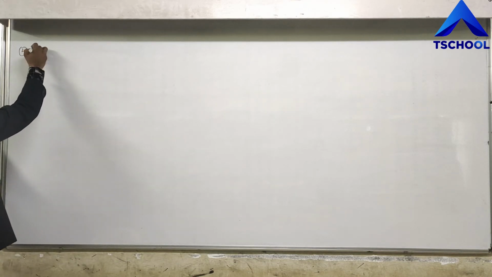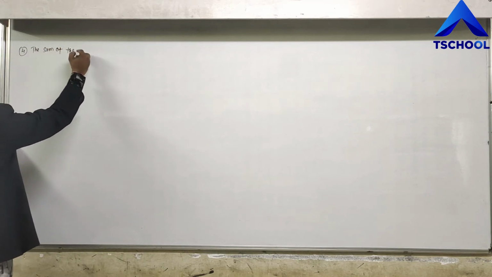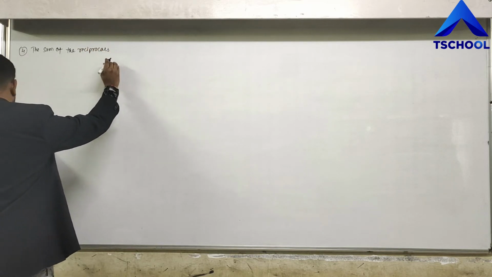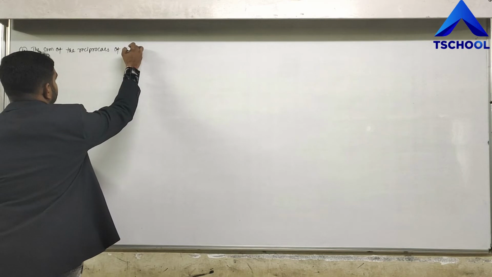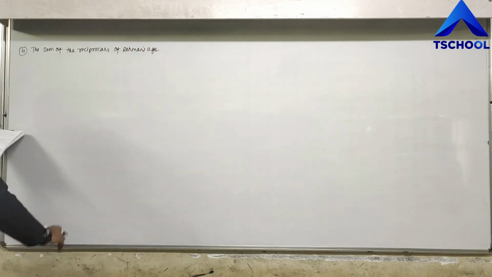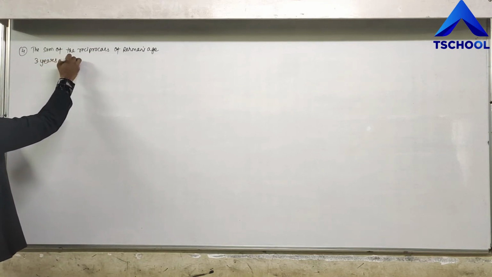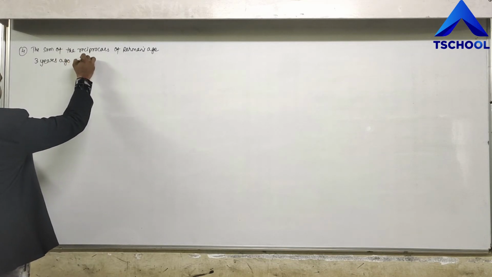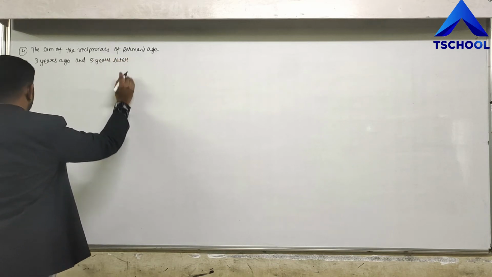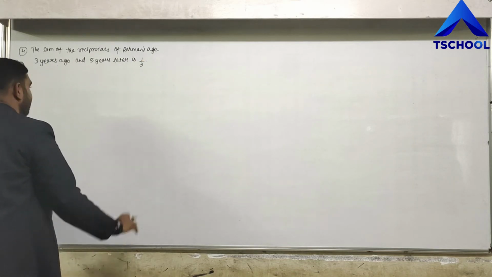The sum of the reciprocals of Rahman's age 3 years ago and five years later is 1/3.